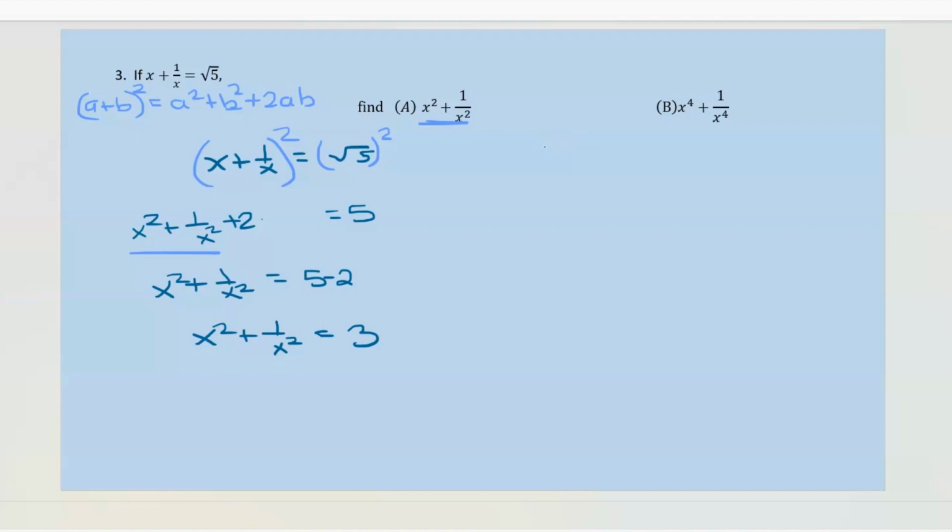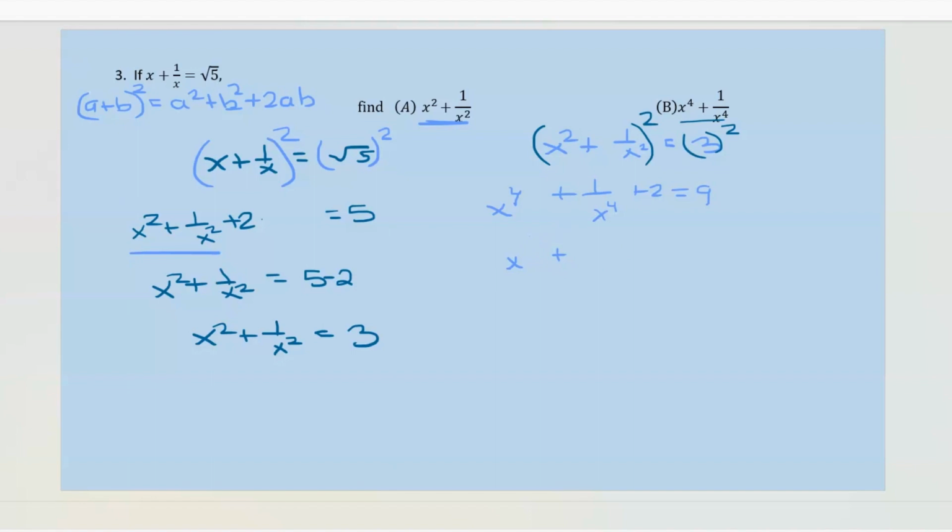Okay, x squared plus 1 over x squared equals 3. And then we're going to be whole squaring both sides. And then we can subtract 2 from both sides. Okay, that's a 4, not a 2.